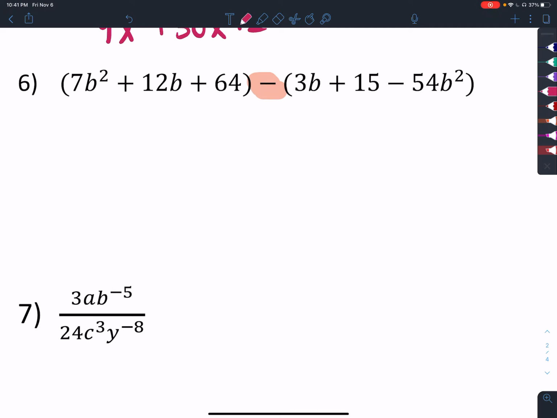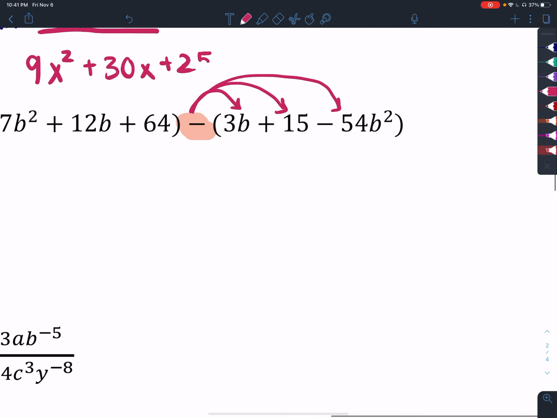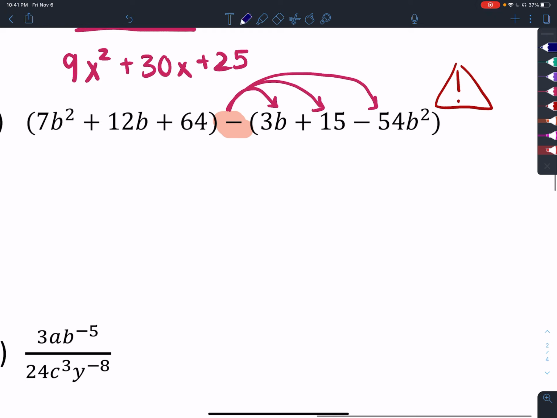So to do this subtraction, you need to distribute that negative sign to each term inside the brackets. So this is the one that I always put the danger on. I always say danger, your heart stops, you slow down, and you always need to rewrite it. So we're going to do it the long way.